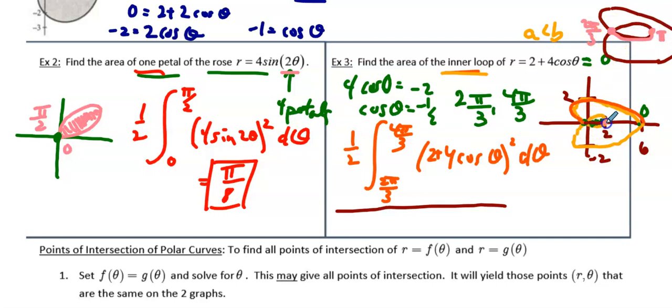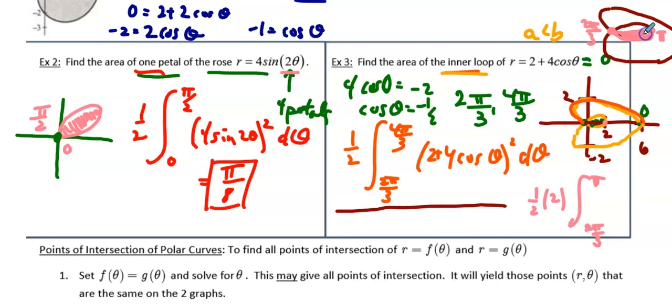If you plug in pi to your function right here, you're going to get that the radius is going to be 2. It's actually going to be negative 2 because we're going in the negative direction, so it's going to go backwards. So what you could do is 1/2, but then do 2 from 2 pi over 3 to pi. What that means is that I can do half of this.